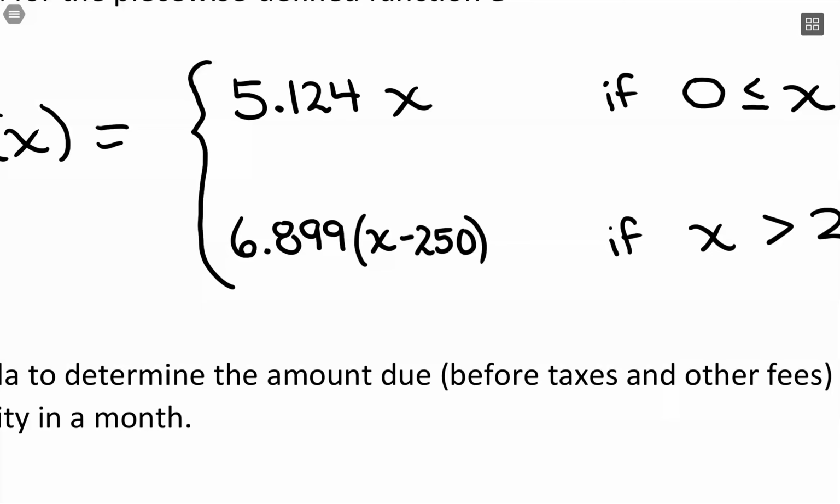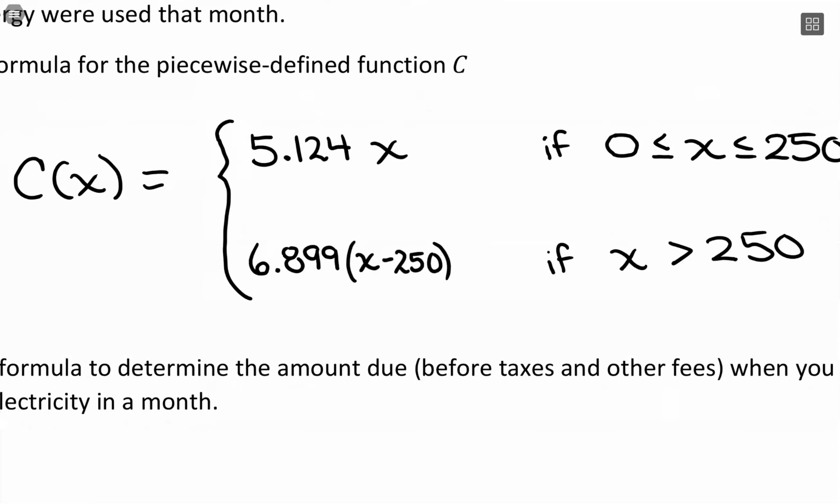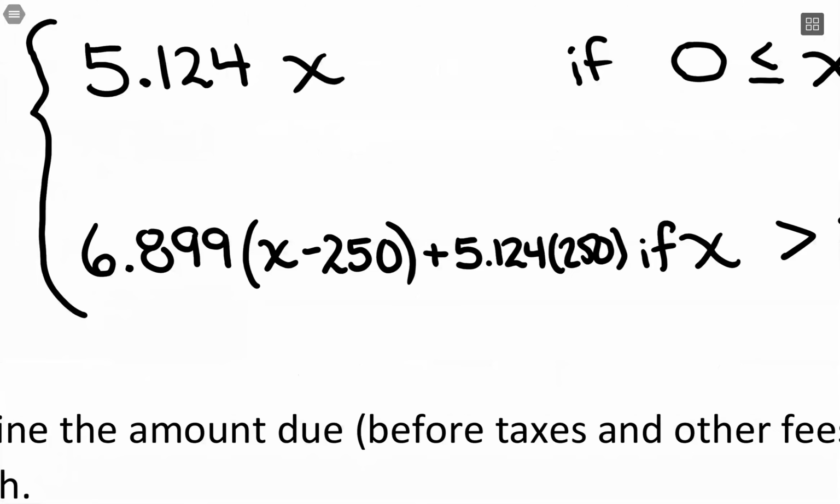And then what I need to add on is where this first function maxes out by plugging in 250 right there. So I would be adding on, in this kind of long form, 5.124 times 250. So what this reflects, and we'll look at this in our next piece by plugging something in, is how it calculates all together.